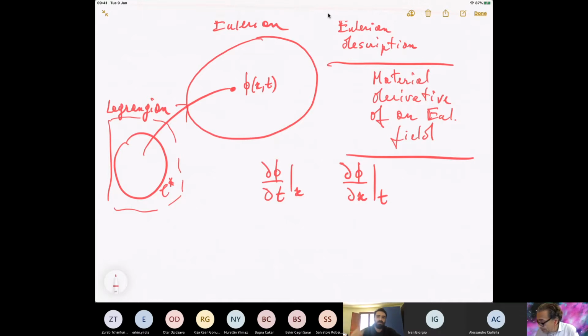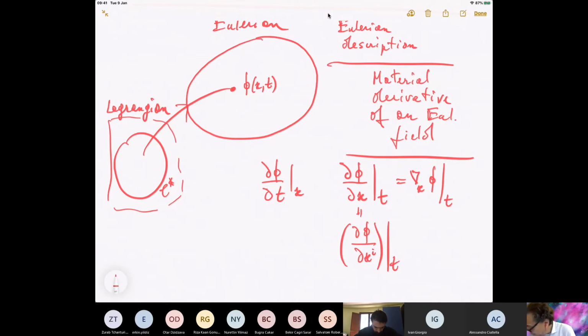Sometimes we can write this as grad small x phi. These are equivalent notations. If you want to write component-wise, you write d phi over dxi, t fixed. Okay.